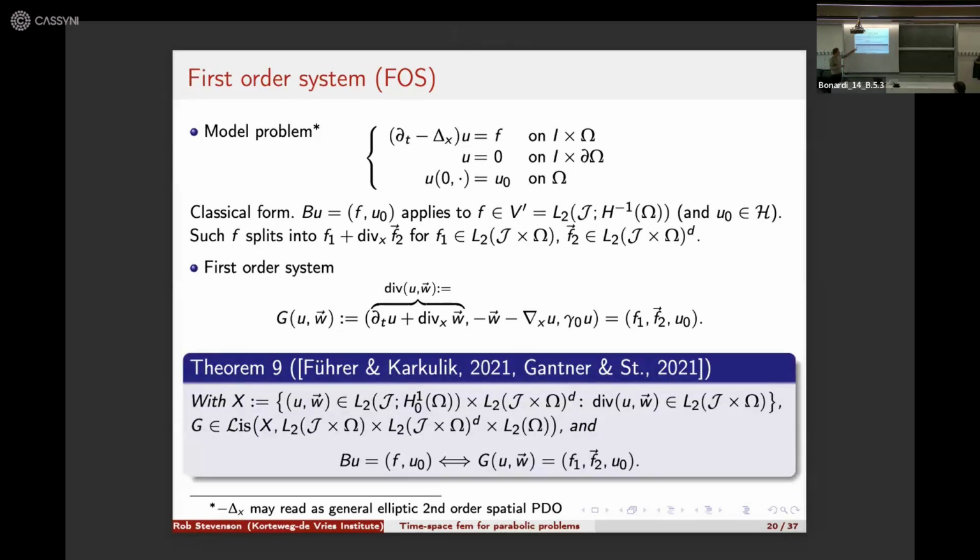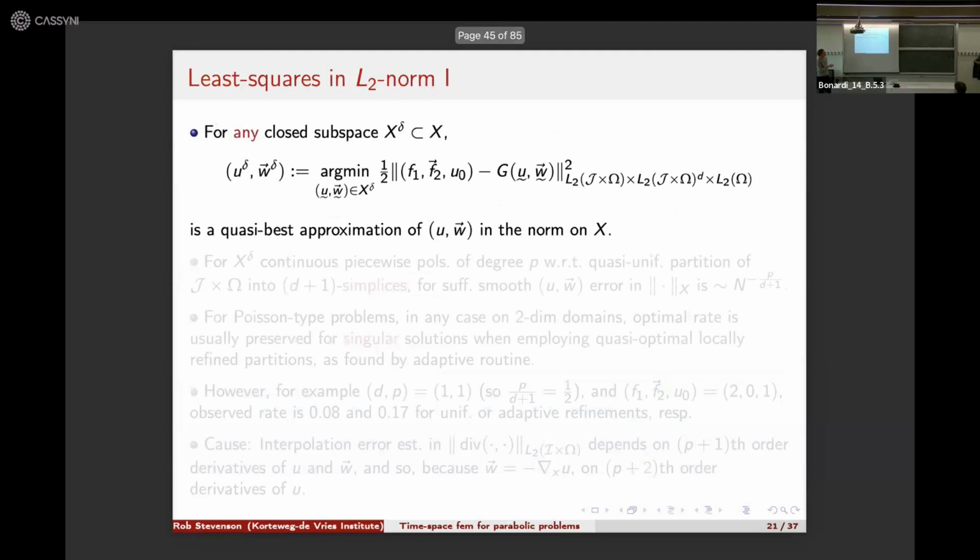And with those spaces, with this space X, with a pair u, w, u in L2 in time taking values in H10, and w just L2 in the time-space cylinder, with this additional condition that the divergence is in L2, this operator G is boundedly invertible from this strange space X to multiple copies of L2. So that's very good. The original problem is equivalent to the first order problem, and we can just minimize the residual in L2. We can compute that.